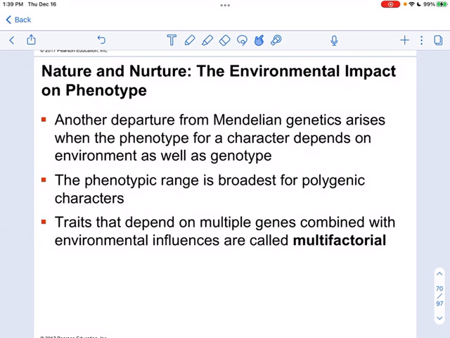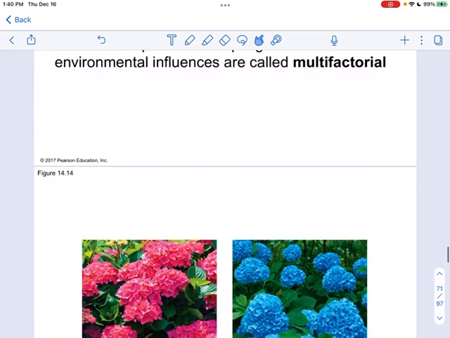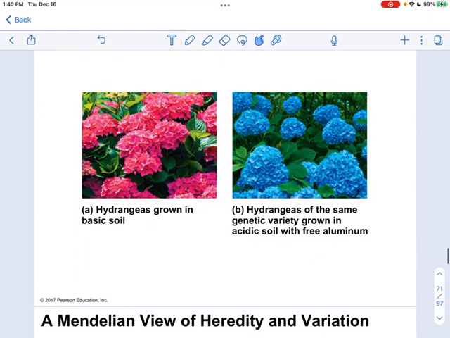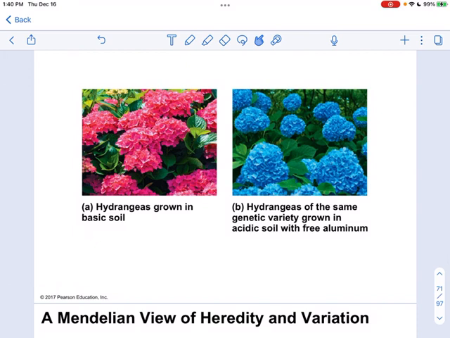Anytime you have traits that depend on multiple genes combined with an environmental influence, we refer to these as multifactorial phenotypes. Multifactorial. And a great example of this would be for plants.